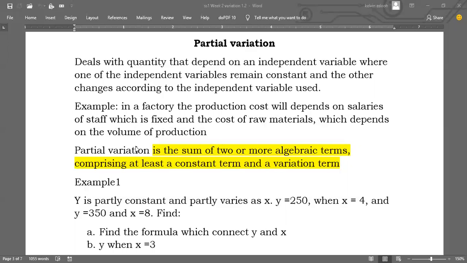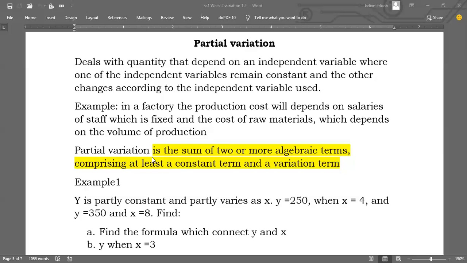It's a function of what? The quantity you want to produce. So the production cost of any item depends on the salary of the staff, which is normally fixed, it does not vary, and the cost of the raw materials, which depends on the volume you want to produce.